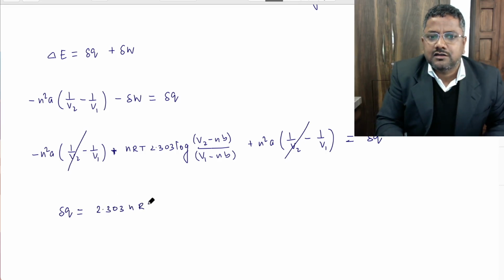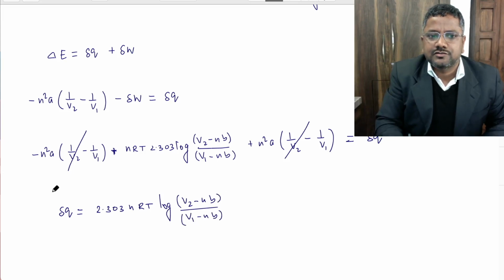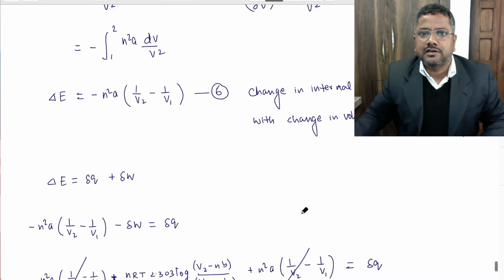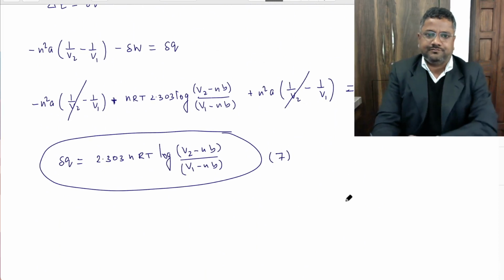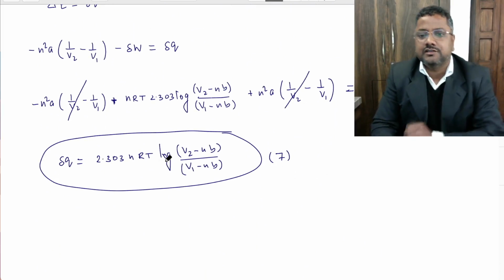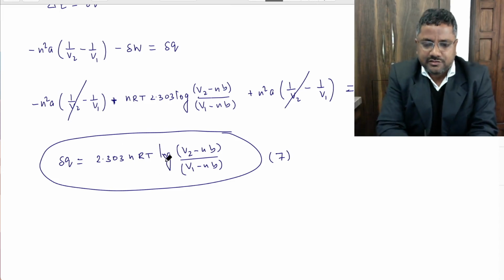2.303 nRT log (V2 minus nb) by (V1 minus nb), right? So this is equation 7, and this can be used to calculate the change in internal energy, heat and work in the isothermal expansion or compression of any real gas, right?